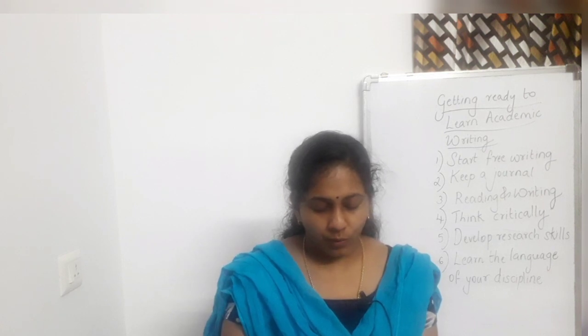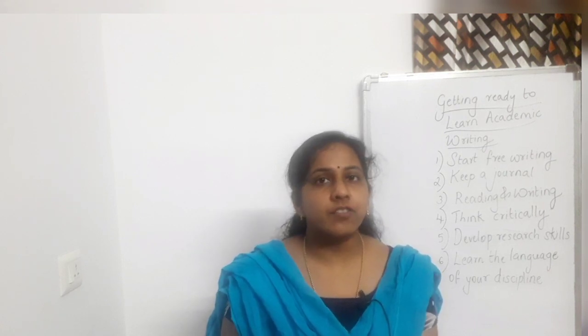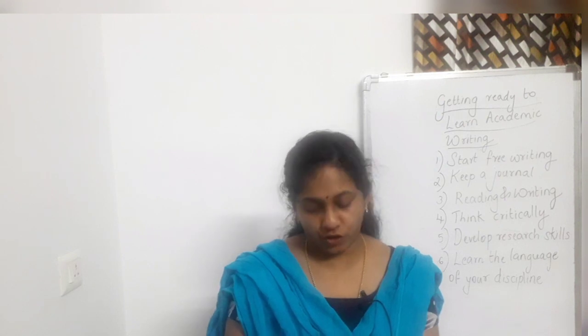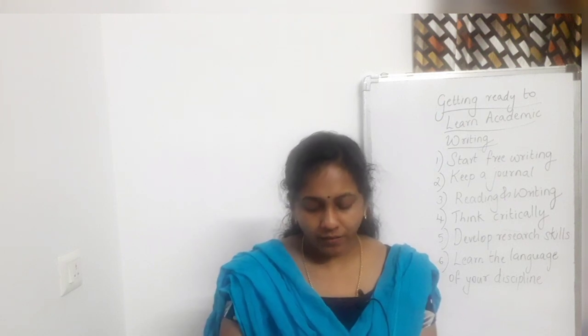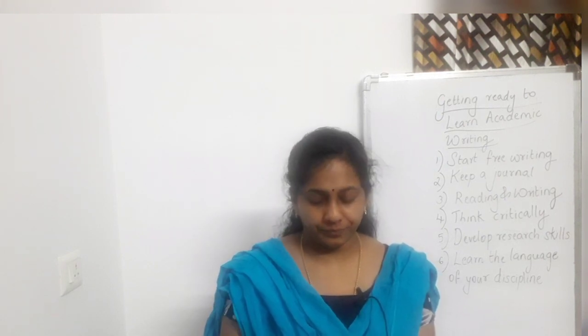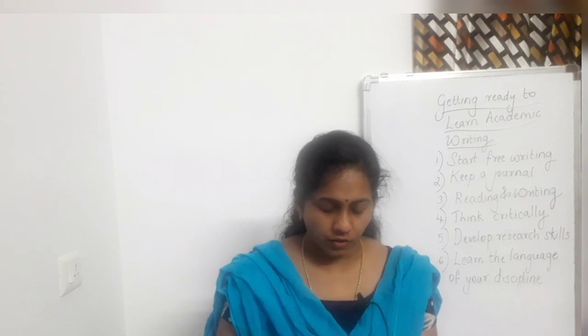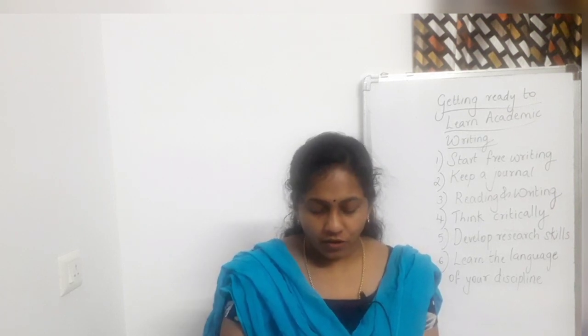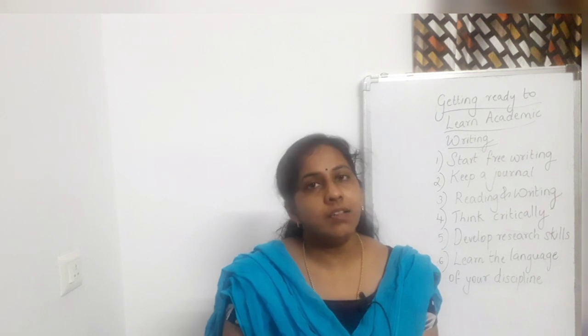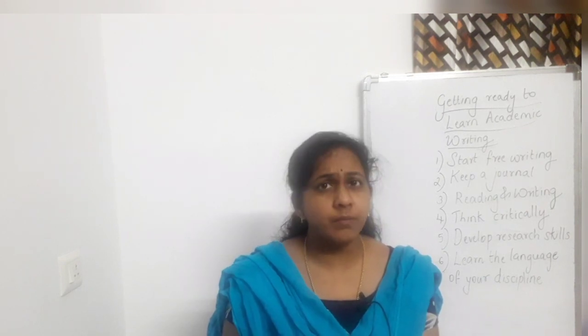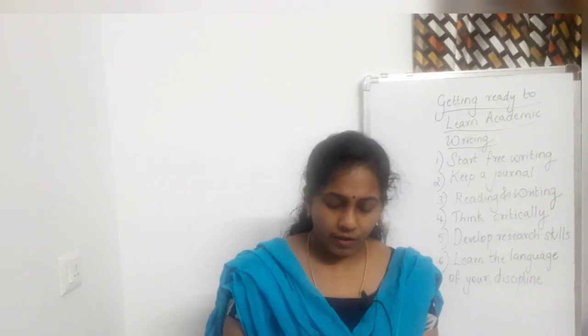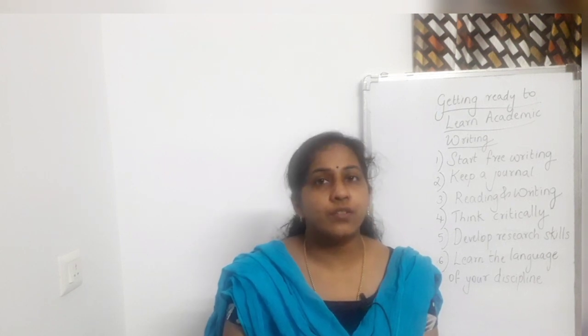The fifth one is develop research skills. An inquiry is a research. Anveshikya, that is research. It involves searching sources and finding out answers to your possible or likely questions. For example, if you like to go on a tour, what will you do?